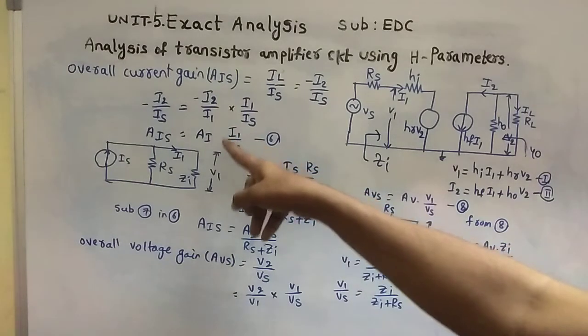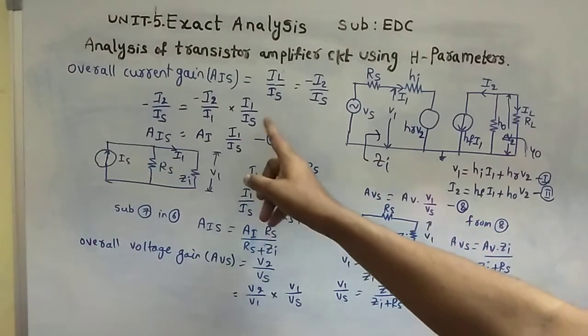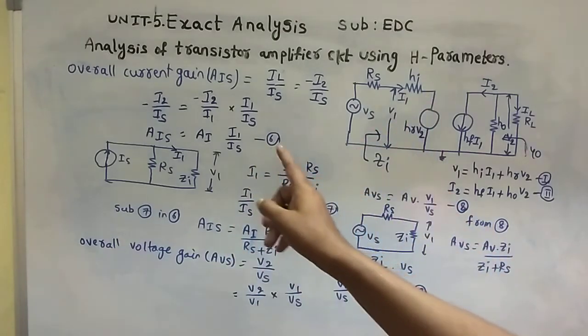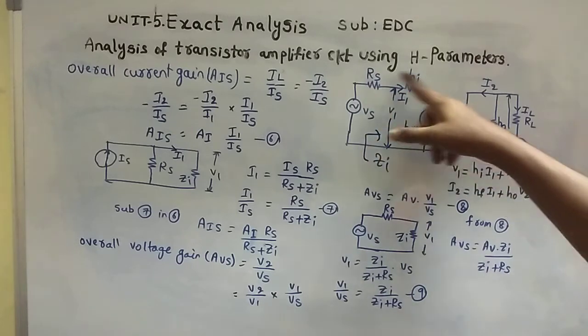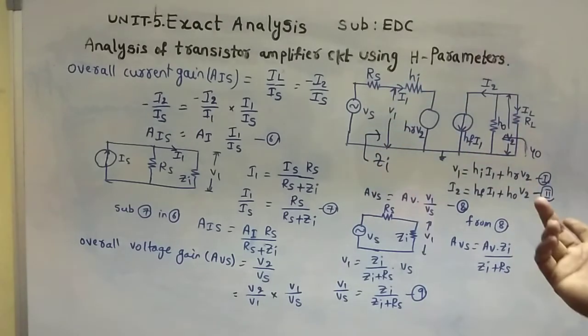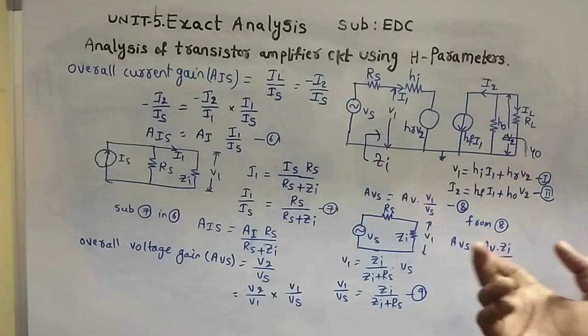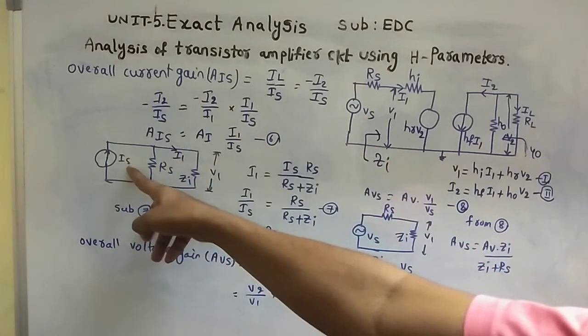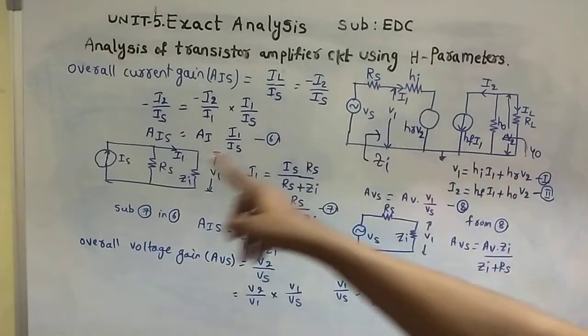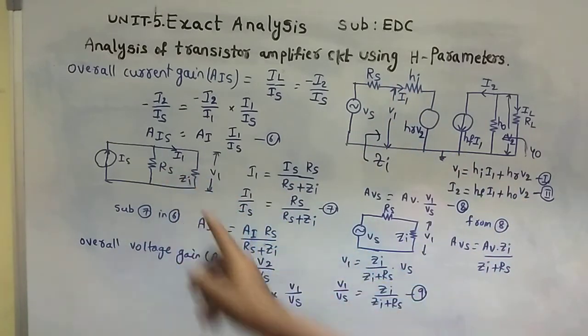Similarly, we have to find I1 by IS. So this circuit I am taking. Here if you transform this voltage source into a current source, that is a source transformation, then in place of the voltage source you can take a current source. Similarly, in place of series resistance you can take parallel resistance.